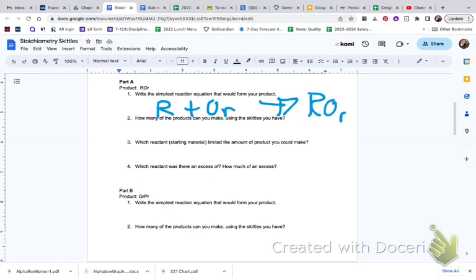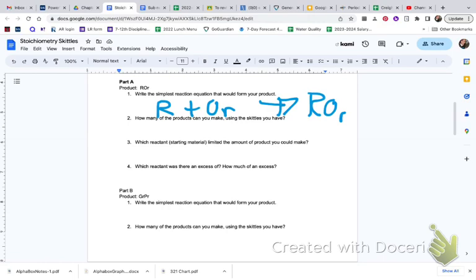We also know from looking at the table up above that neither of these are diatomic, so we don't need to make either of them diatomic, which means that this is just a straightforward synthesis reaction where two things combine into one thing. And that means that this equation is balanced the way it is. So it's going to take one red plus one orange to make one red-orange.